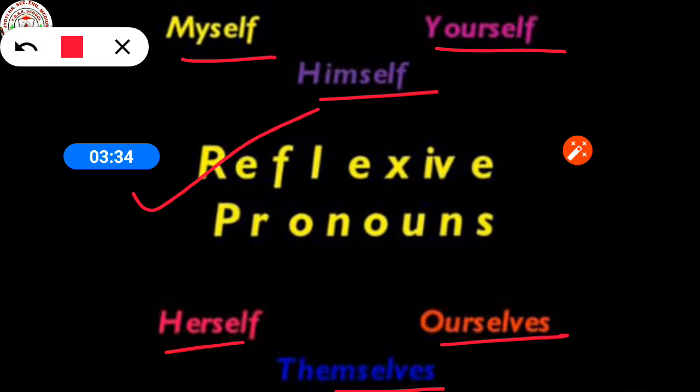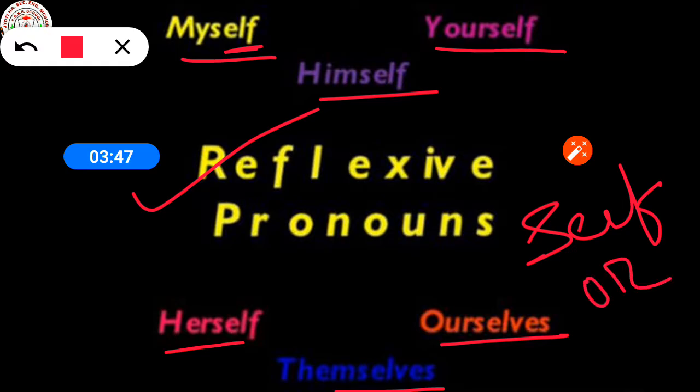So in the English language specifically, a reflexive pronoun will end in self or selves.